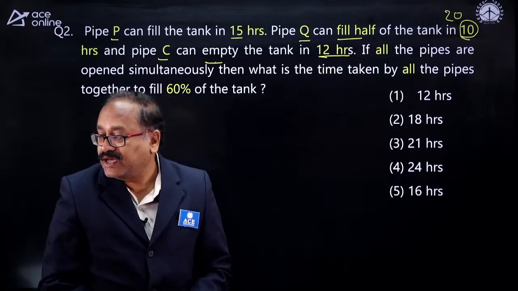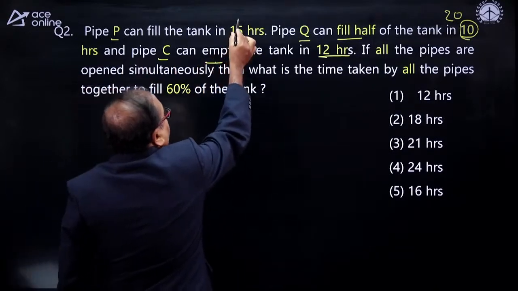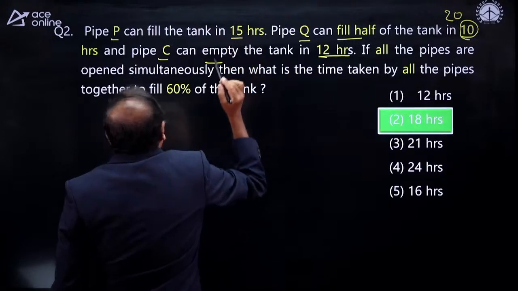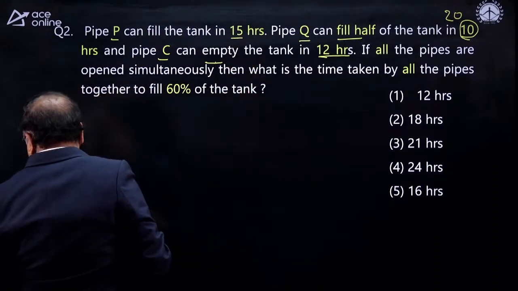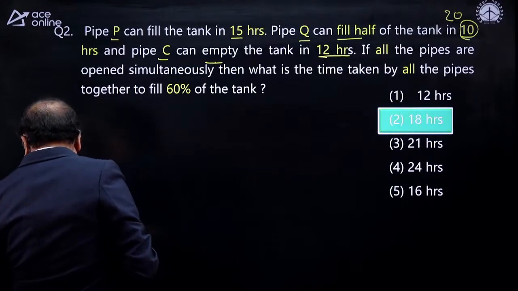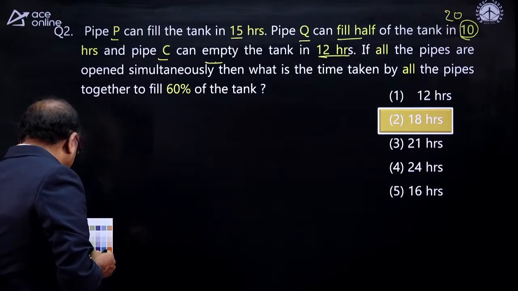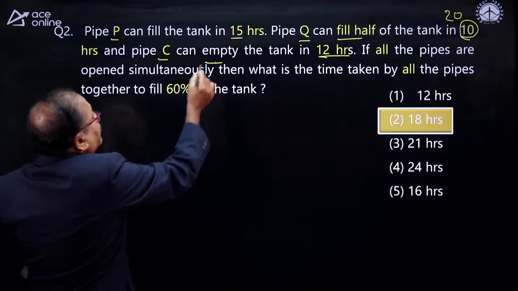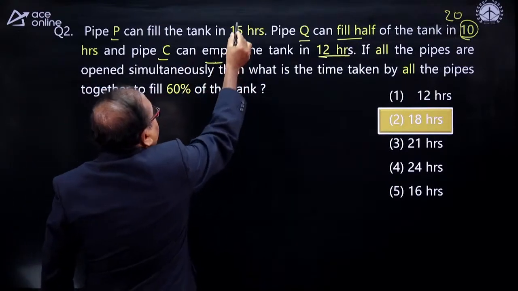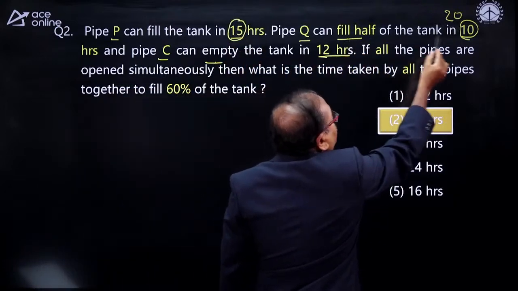Yeah, time up. Now I will answer this question. So pipe P can fill the tank in 15 hours. Some interface has changed, so let me take the pen color here. So this is 15 hours, and pipe Q half in 10 hours.